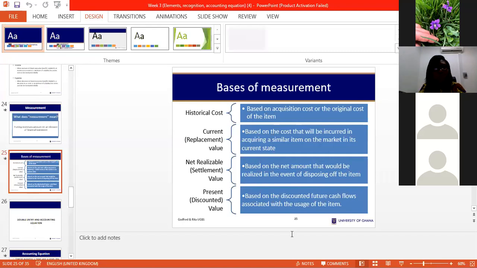So if you have your laptop and you bought it last year as a business entity and it cost you $1,000, if you are using dollar, you can keep the dollar on the face of it, if the dollar is your currency. If you are using cedis, at that day that you bought it, the exchange rate, you convert it and that becomes your acquisition cost.